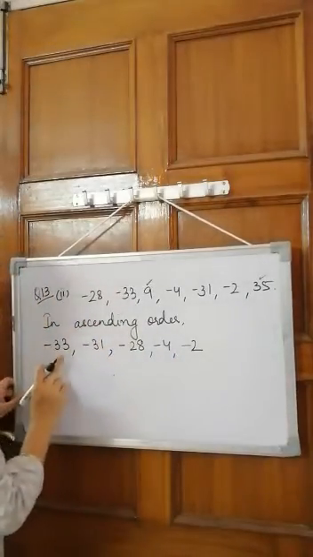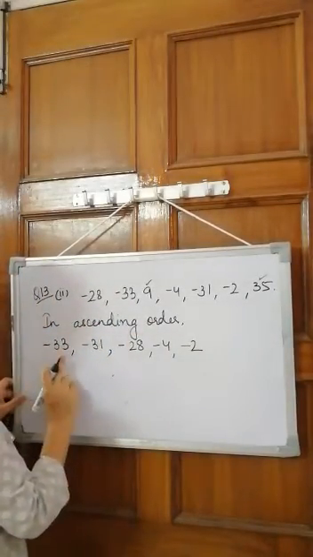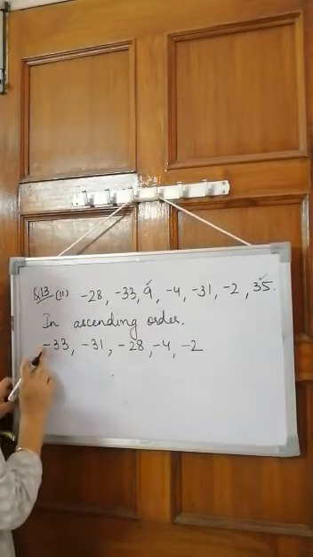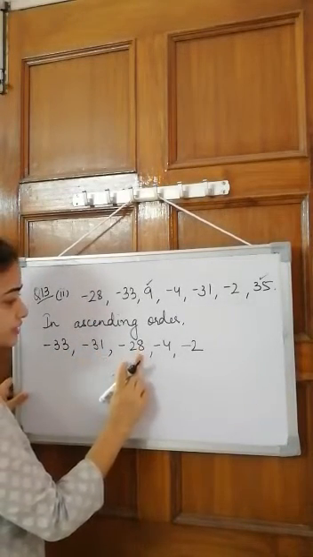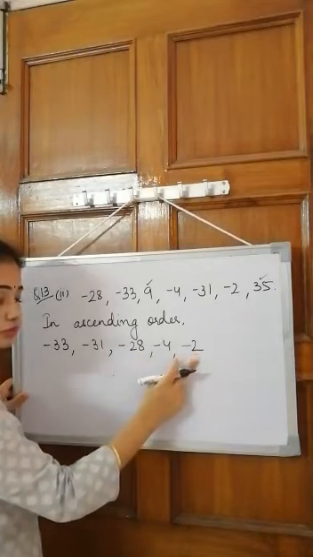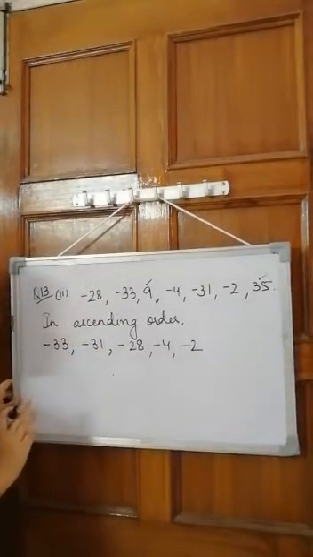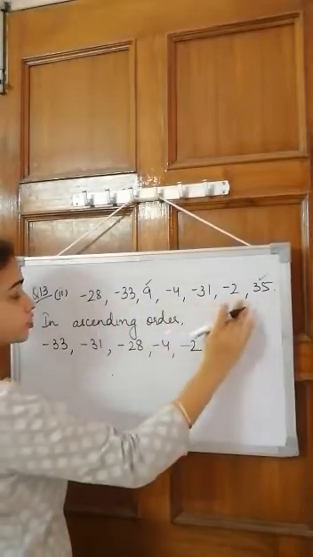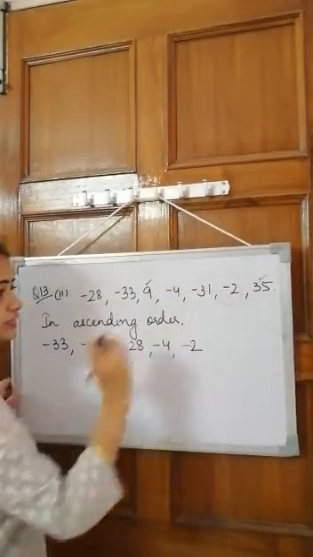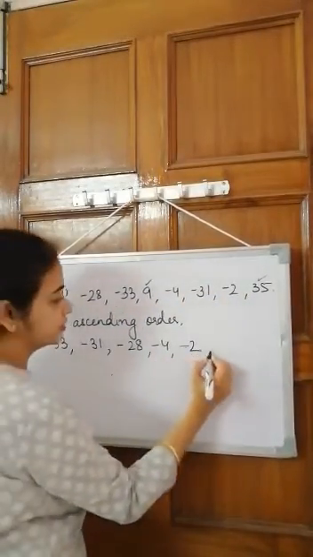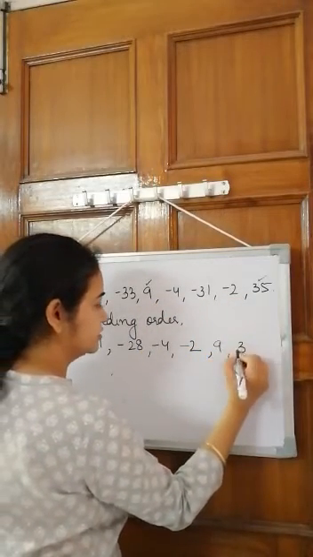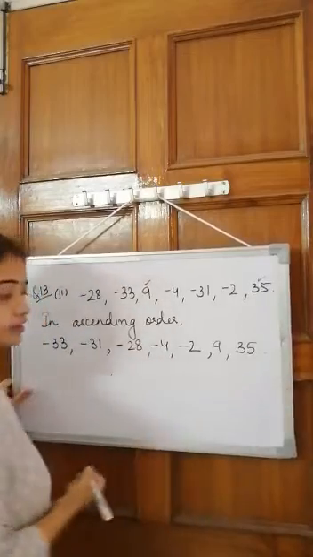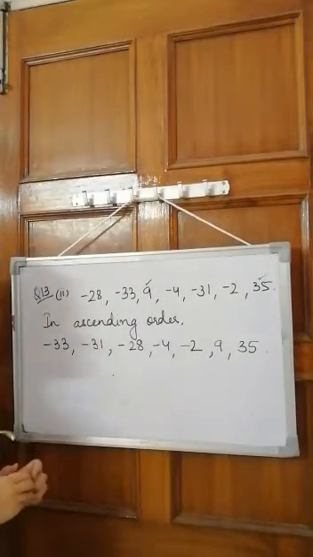So minus 33 is the smallest here, then minus 31, then minus 28, then minus 4, and then minus 2. Now we have arranged all the negative numbers. Let's take the positive numbers, which we can simply write: 9 first and then 35. This we have arranged in ascending order.